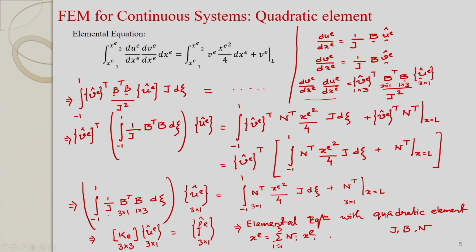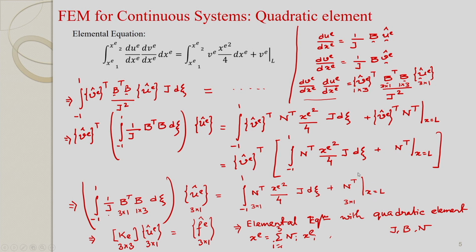Now, in the load vector we have two parts. One part is only at the boundary point x equal to L. This we will take care of separately. The first part is again a function of xi. Here N is a function of xi, x_e, that is again this summation N_i x_e_i, a function of xi, and the Jacobian is a function of xi. So, this is our integrand of the load vector.